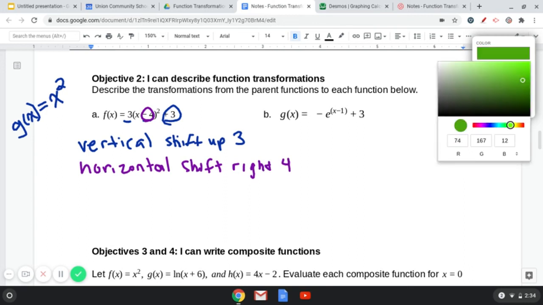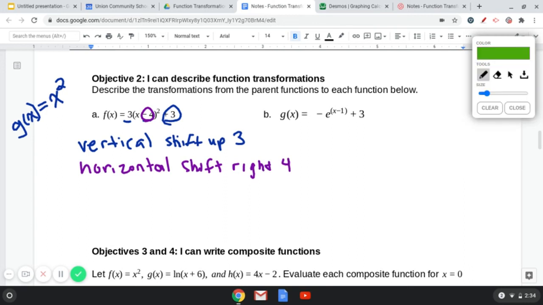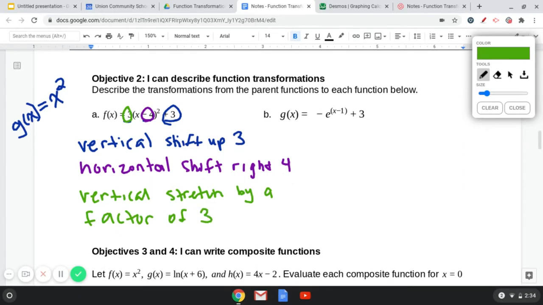Finally, we've got this 3 out front, which will be a vertical stretch by a factor of 3. Those are our 3 transformations.